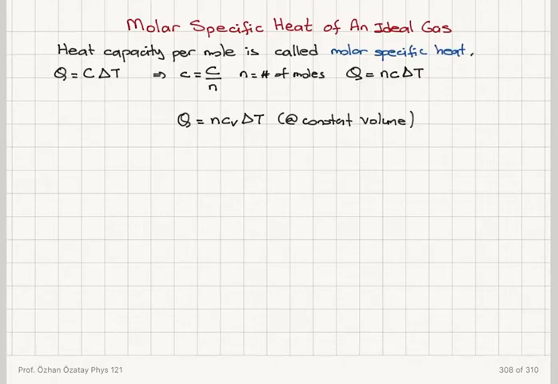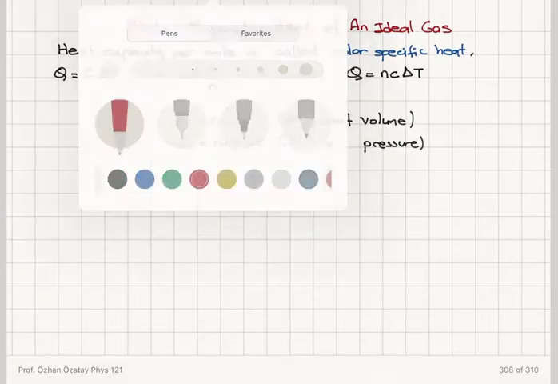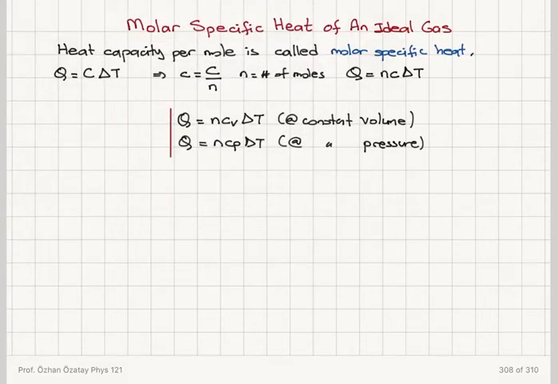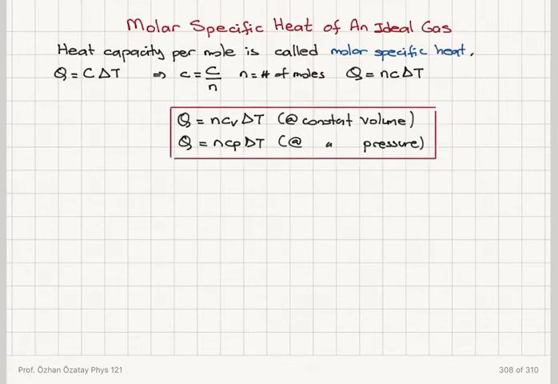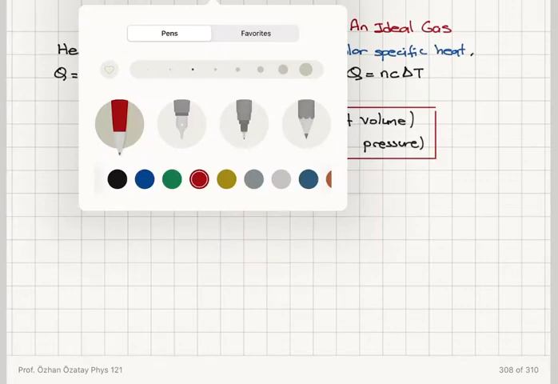And then we have Q is equal to N Cp delta T. This is at constant pressure. So we distinguish between these two cases.